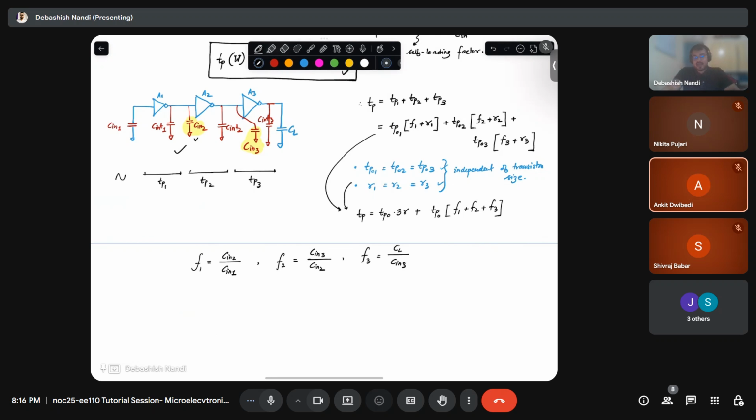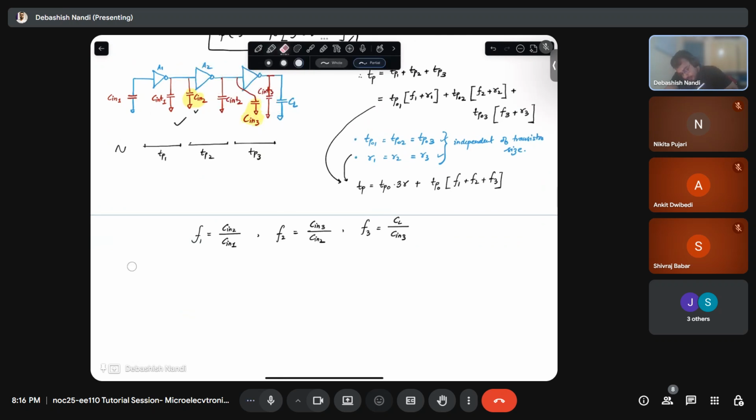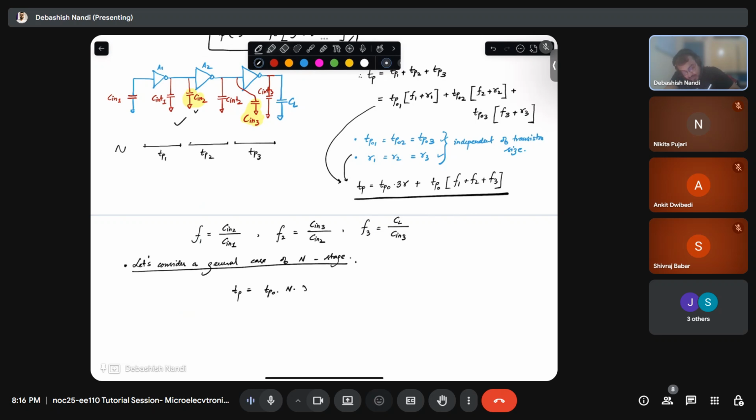Fine. So now let's consider a general case of n stages. Just follow. From this equation, can I write Tp is equal to Tp0 n times gamma plus Tp0 times F1 plus F2 up to Fn.